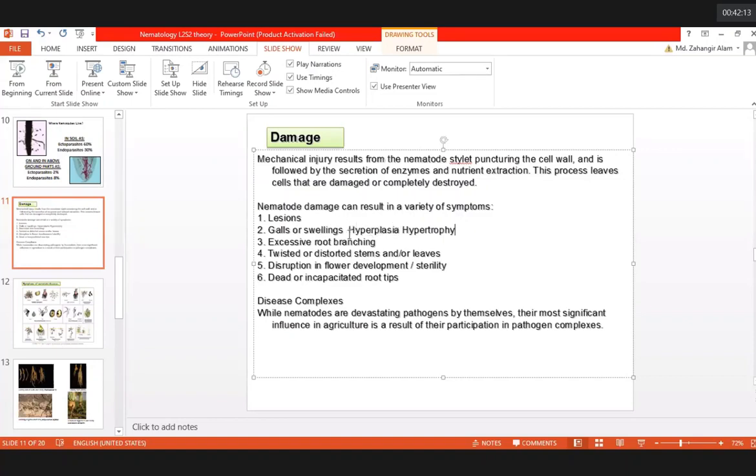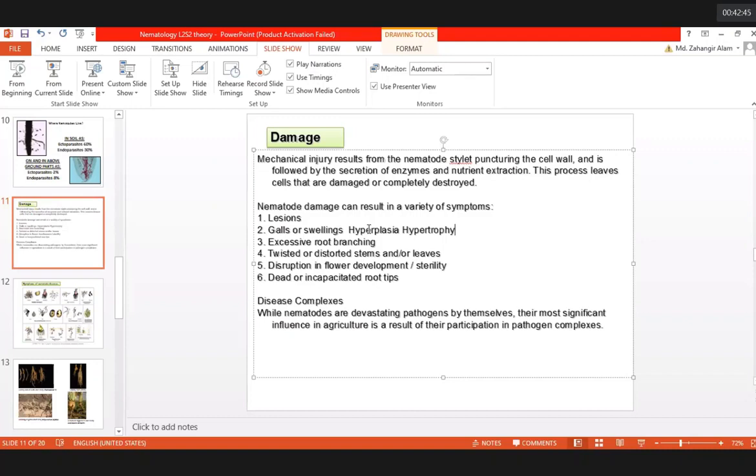Millions of cells will be produced within minutes or within hours, and those thousands or millions of cells will be converted to very large size cells. Each cell will be large size. As a result, those areas will be swollen and finally will form a tumor or gall or knot. We call it cancer. You understand?